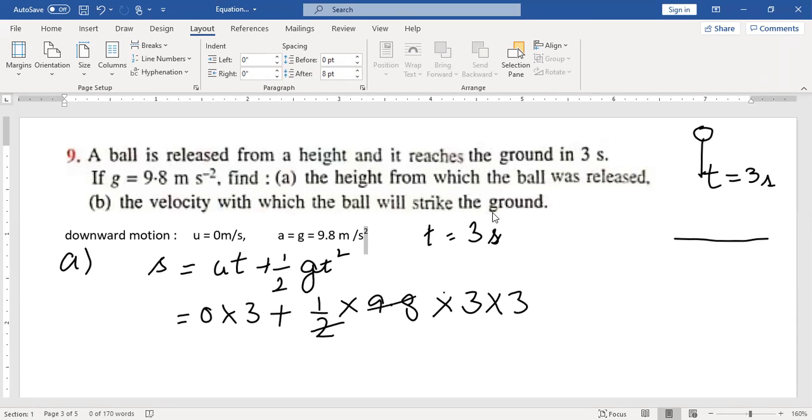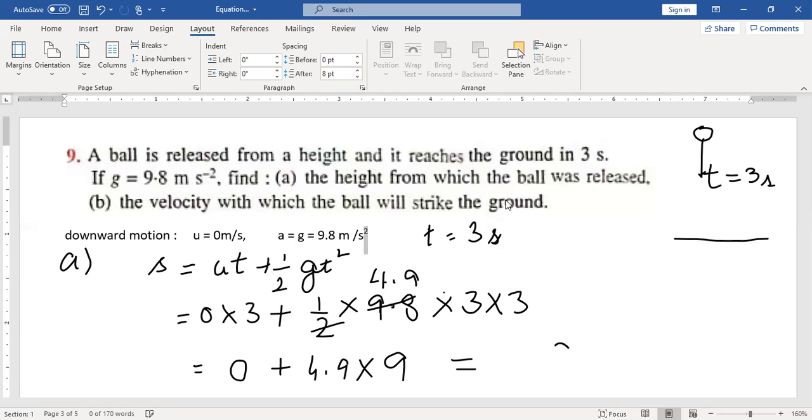If you cancel it, it becomes 4.9, since 9.8 divided by 2 is 4.9. So it becomes 0 plus 4.9 multiplied by 3 threes are 9, so 4.9 into 9.